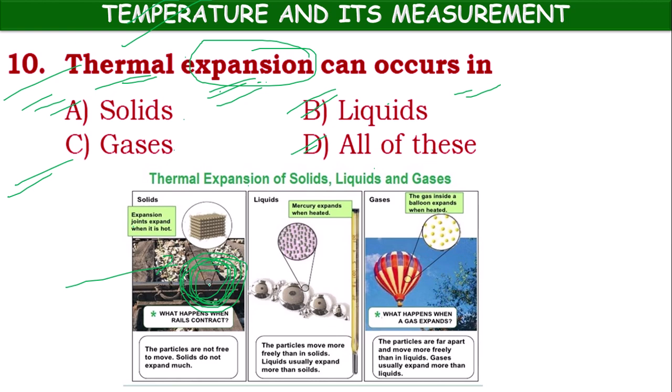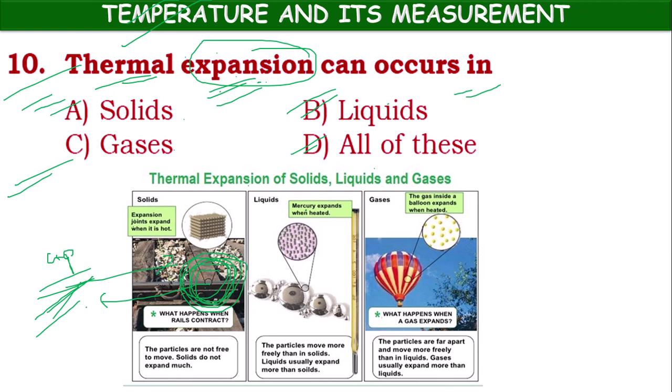Whatever joint is there between two rails, there will be some gap actually. During the expansion, during the summer season, this gap will be filled. Means these joints will expand during the summer season. So in solids also, we can observe the thermal expansion.